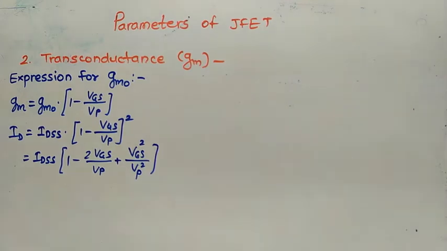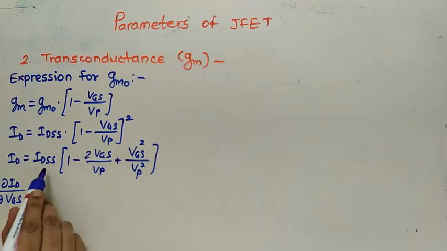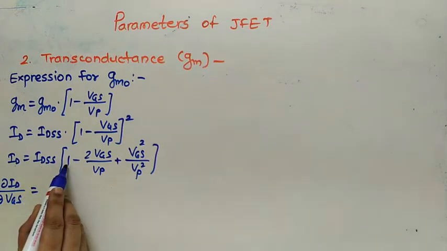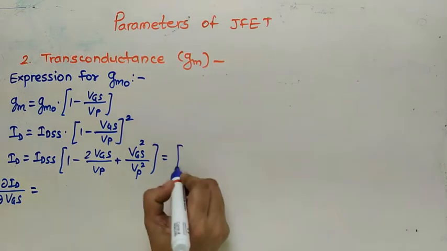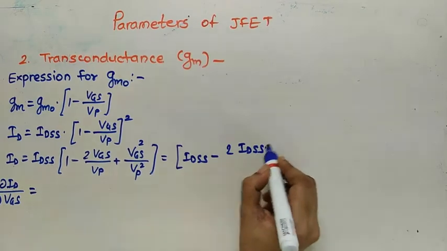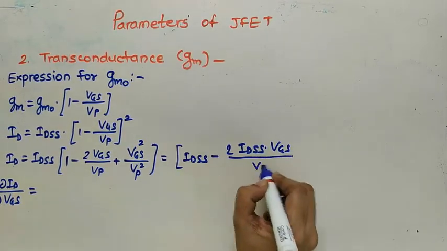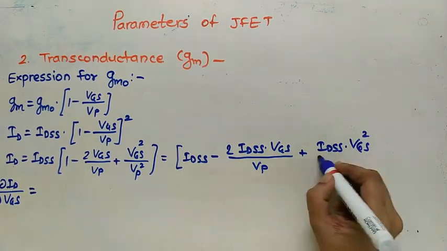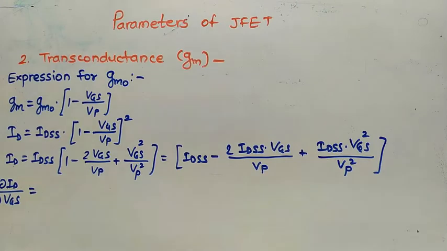Now we will differentiate this I_D equation with respect to V_GS. Here I_DSS is a constant term, so when we multiply it inside the bracket, it becomes I_DSS minus 2 I_DSS into V_GS upon V_P plus I_DSS into V_GS squared upon V_P squared.